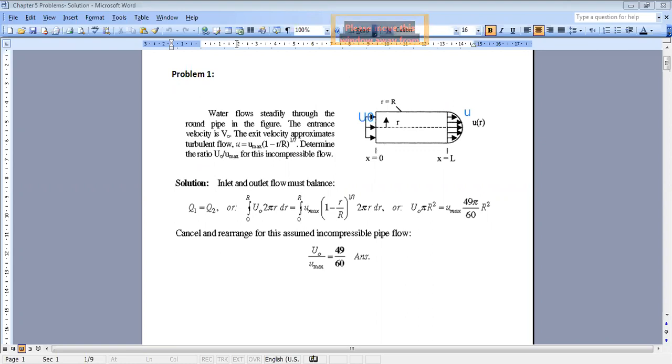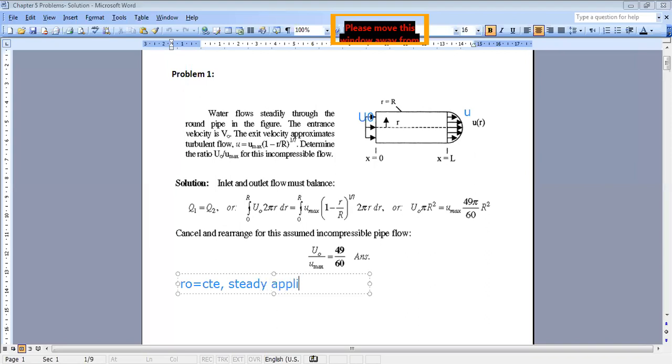So we will say that first, it's an incompressible flow, so rho is constant, and as you can see, it's a steady application, because the profile of velocity is independent of time.